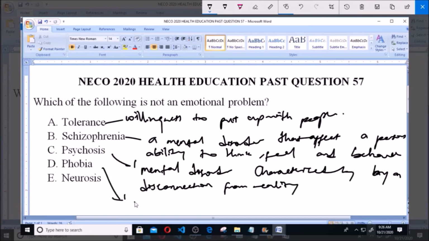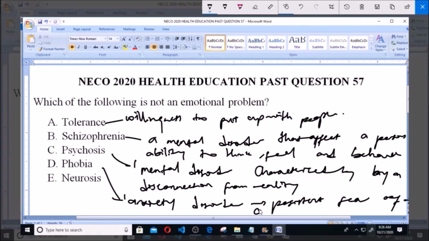Phobia also is an anxiety disorder, also an emotional problem, whereby there is persistent and excessive fear of an object or situation.